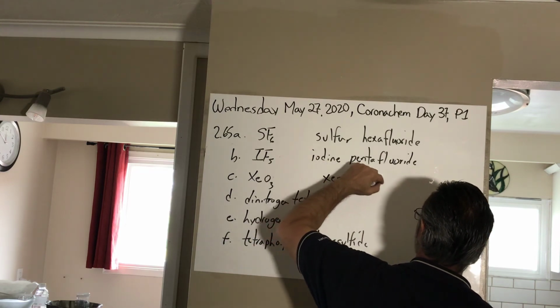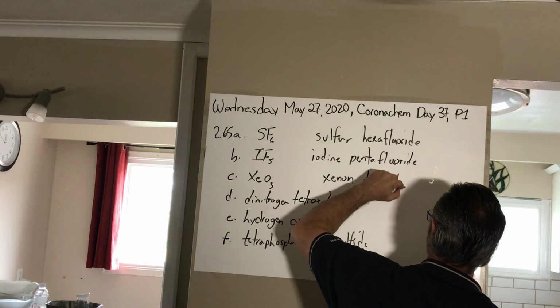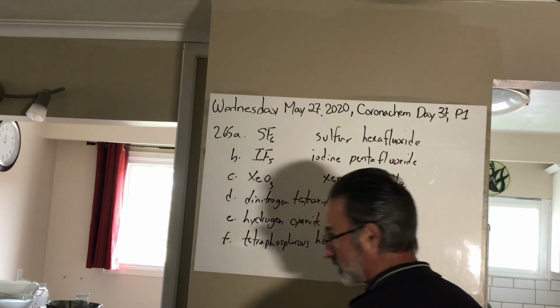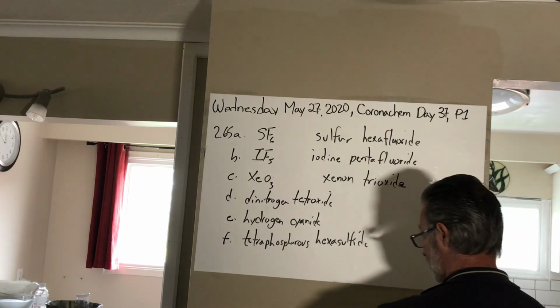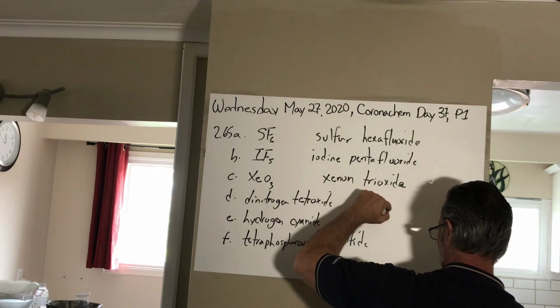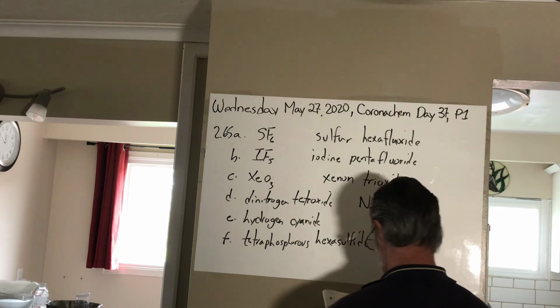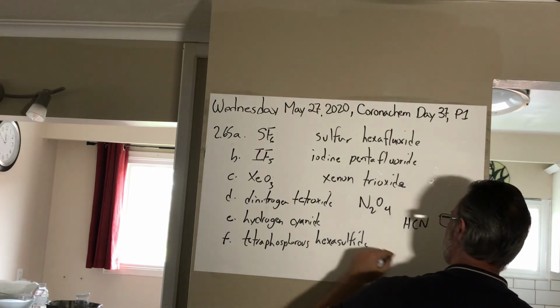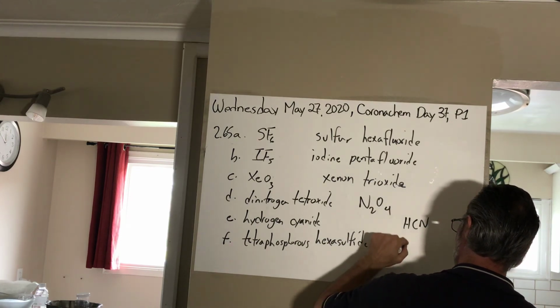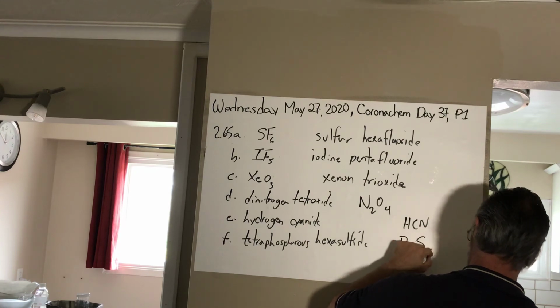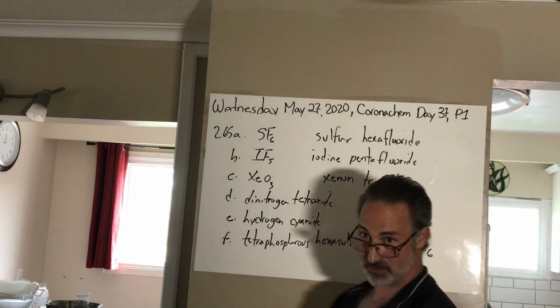You could also say, if you want, monoxenon trioxide, but if you leave out the mono, it's assumed there's only one. Dinitrogen tetroxide, N2O4. Hydrogen cyanide is HCN. And tetraphosphorus hexasulfide is P4S6. And that's enough for today.